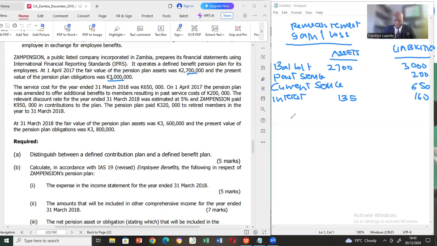And then we have contributions made. Contributions will increase the value of the asset, 950. Benefits paid will reduce both assets and liabilities.